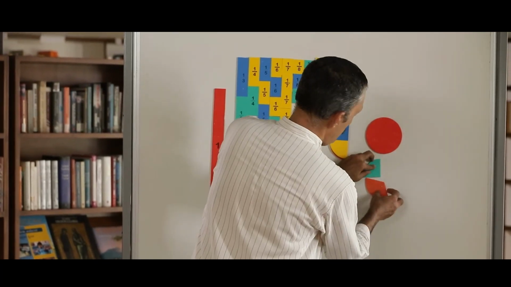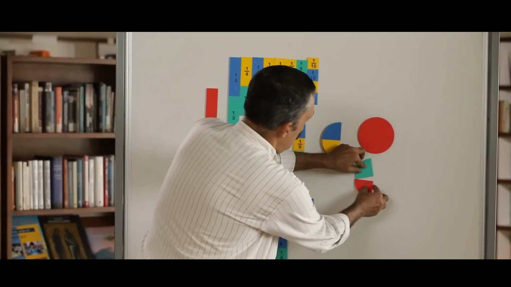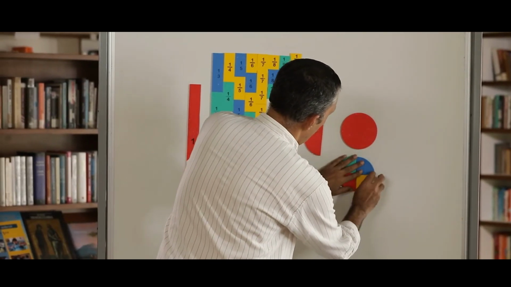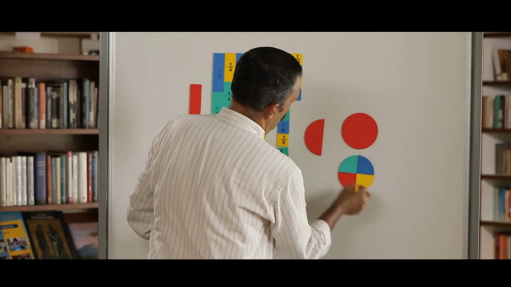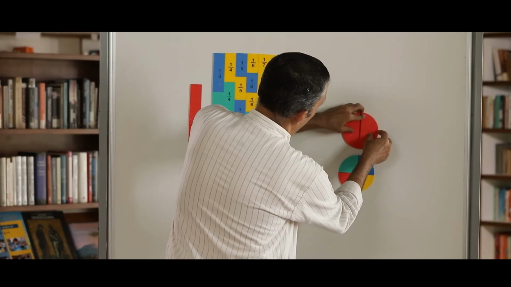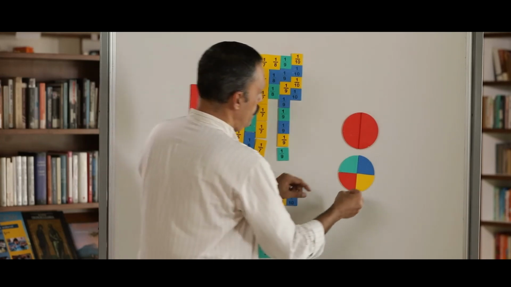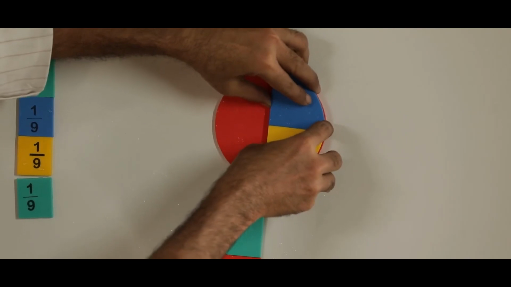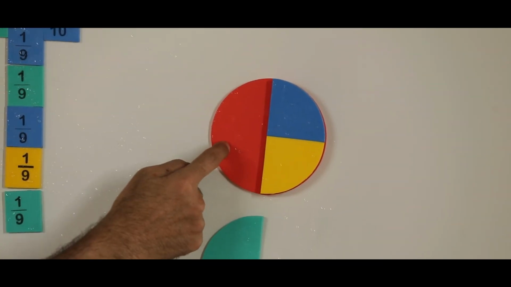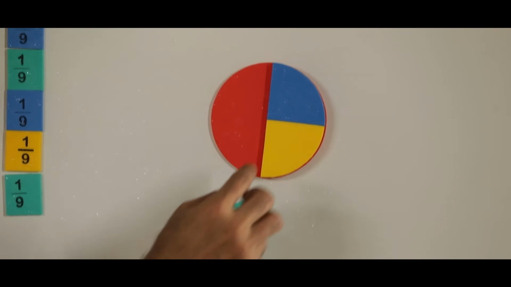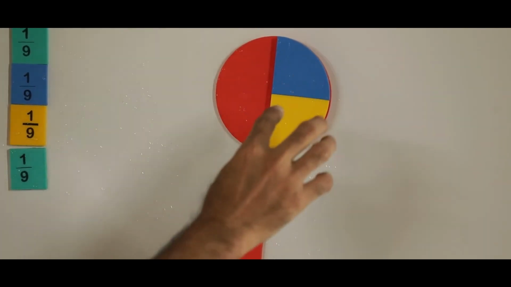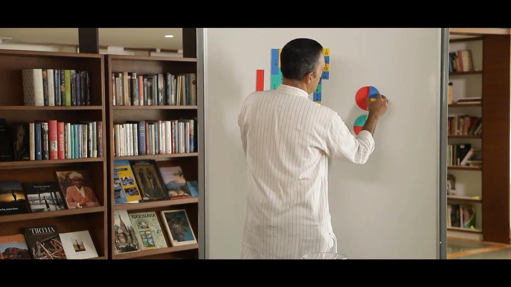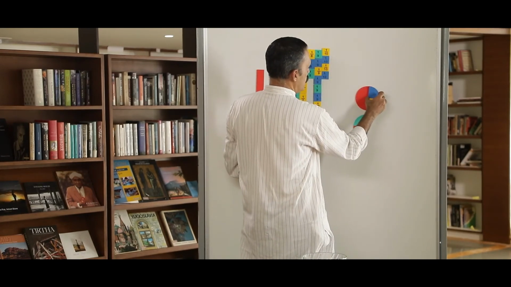When I divide a circle into 4 equal parts, the half of this circle will be equal to 2 quarters. One full object, half of it is equal to 2 quarters. This is a quarter and a half circle.